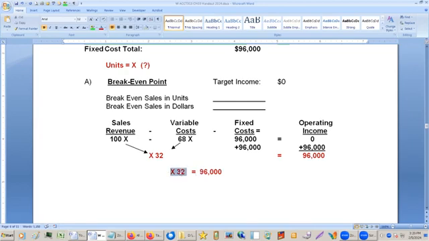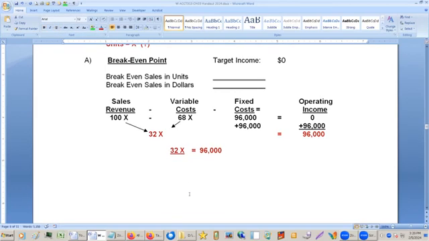Divide both sides by, first of all, okay, you said x equals 3,000.